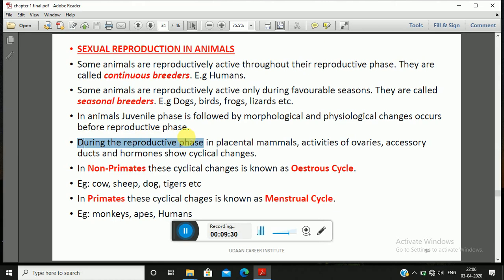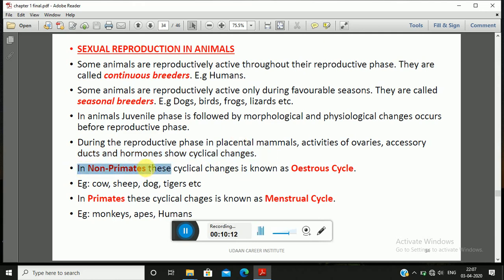During the reproductive phase in placental mammals, meaning all those animals which have a placenta, the activities of the ovaries, accessory ducts and hormones show cyclical changes. The internal physiology changes in such a way that the activity of the ovaries changes, the activity of the accessory ducts also changes, and the hormonal release patterns also change. It shows some cyclical changes.